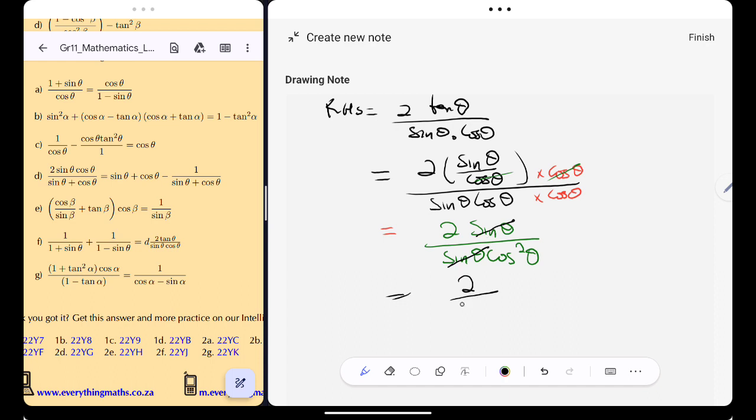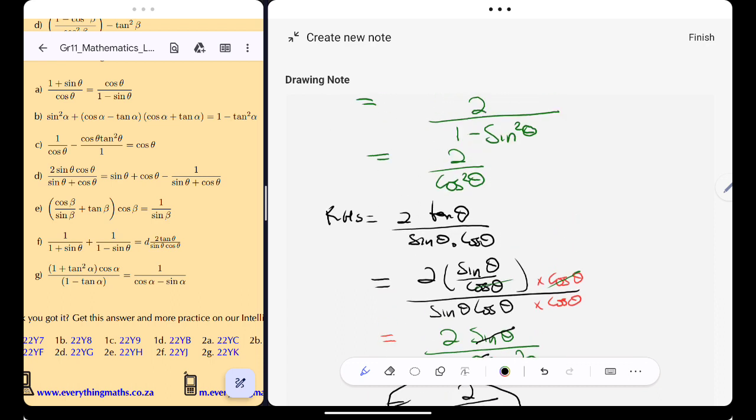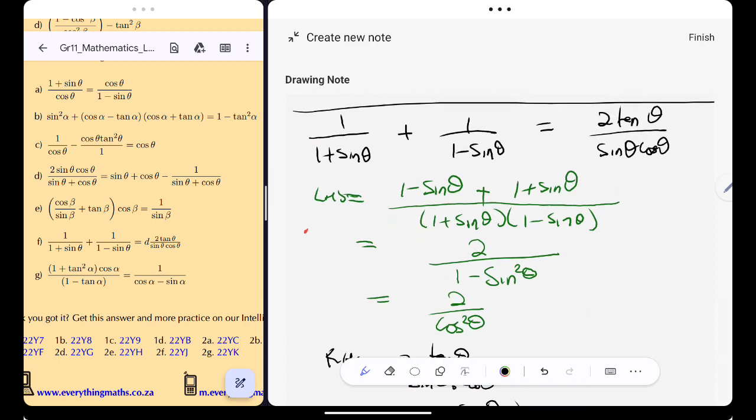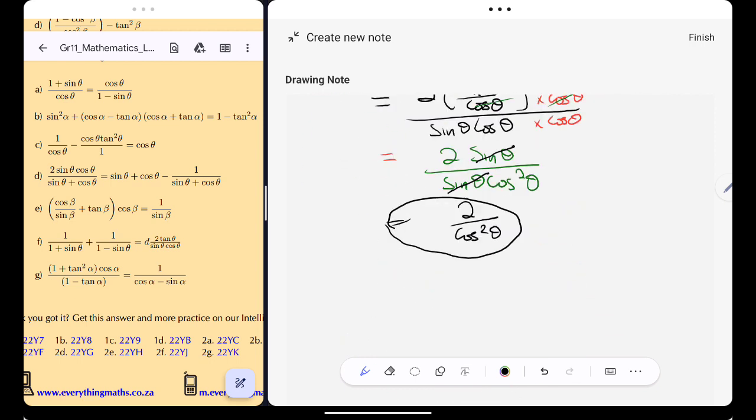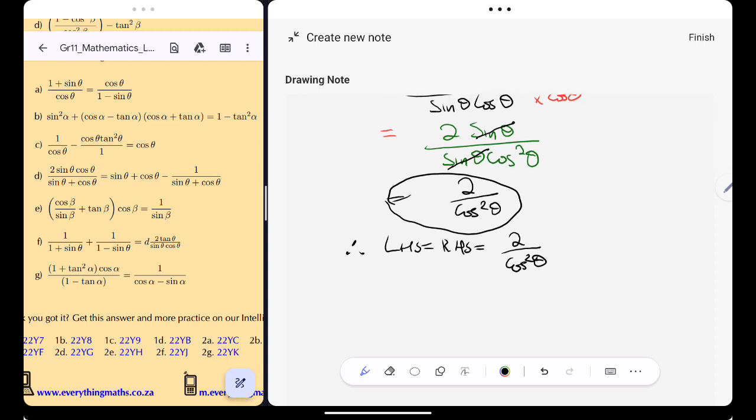We'll be left with 2 all over cos squared theta. So my right hand side, whenever it's simplified, is equal to 2 over cos squared theta. Also my left hand side, whenever it's simplified, is also equal to 2 over cos squared theta. So I can therefore conclude that the left hand side is equal to the right hand side, which is equal to 2 over cos squared theta.